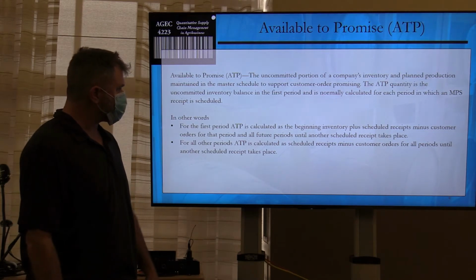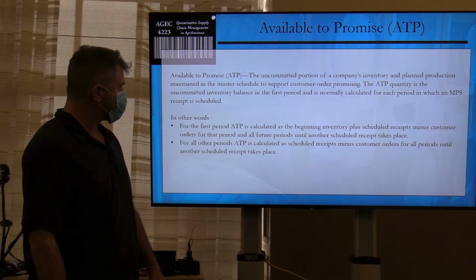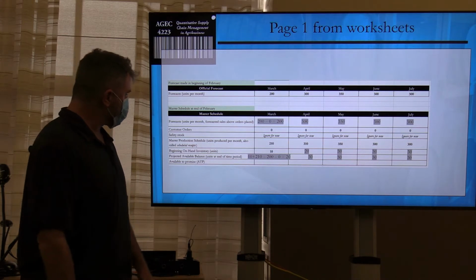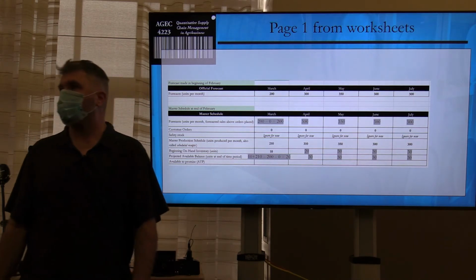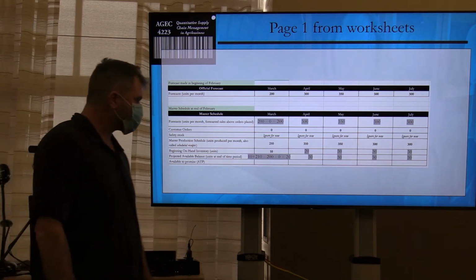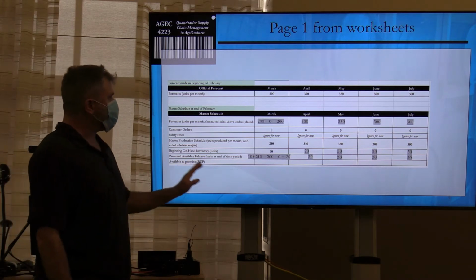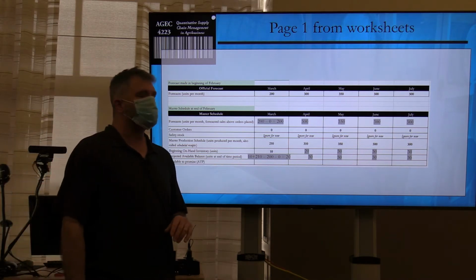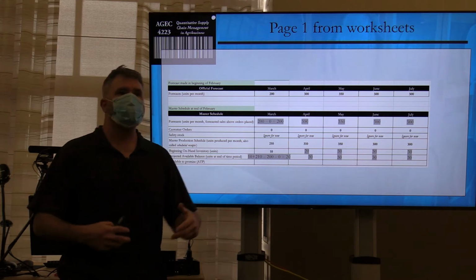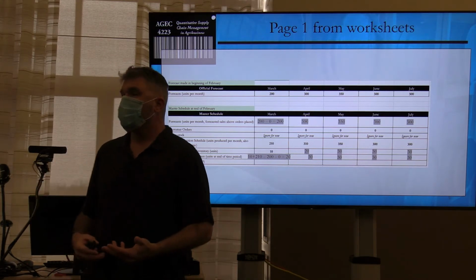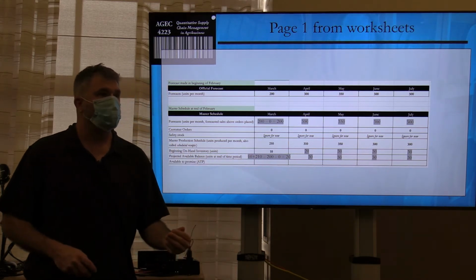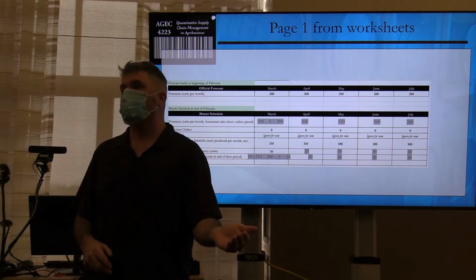All right, so we're going to do available to promise now. We're going to finish this last line. Here we go. Available to promise for March. Now this is intuitive once you get it. You're saying, okay, it's March. How much do I know that I can sell someone in March?